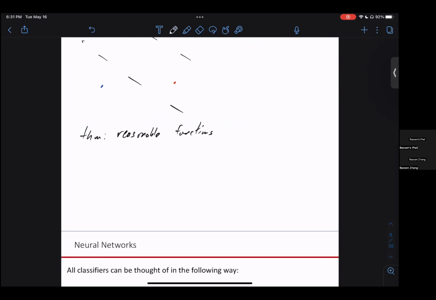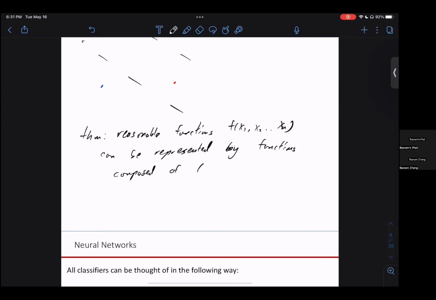So reasonable functions f of x1, x2, up to xn can be represented by functions composed of linear operators and diodes. Right, this is real. Okay.